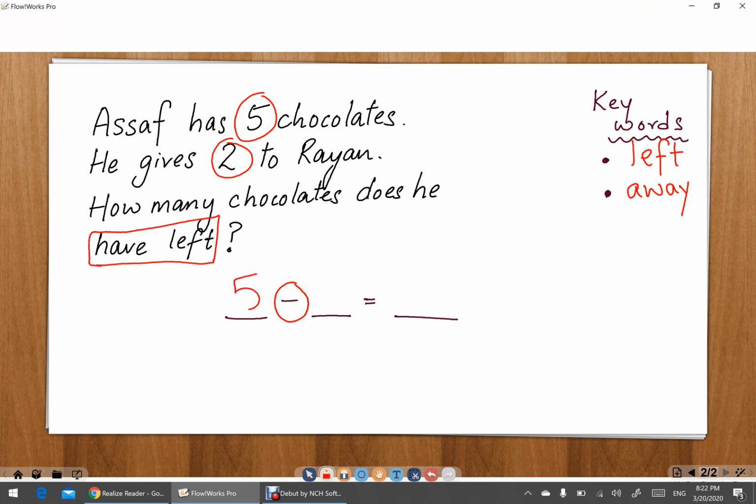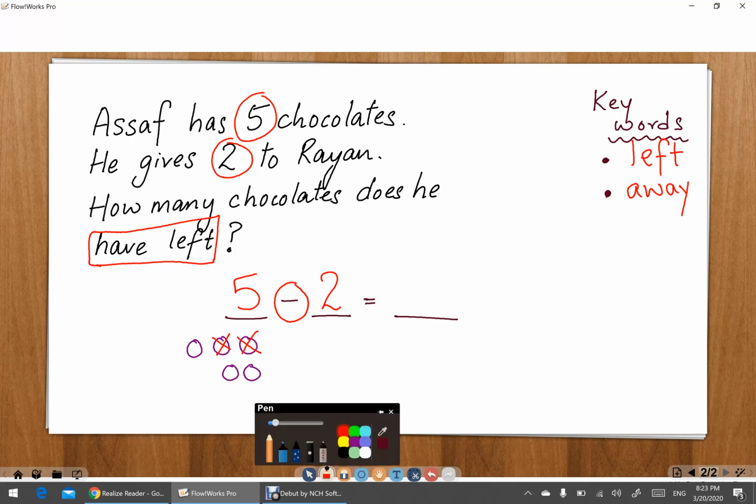So 5 minus 2. So let's draw 5 counters. 1, 2, 3, 4, 5. So you know when it's minus, what did I say? How will you read? Take away. How many will you take away? 2. So if you take away 2, 1, 2. How many am I left with?